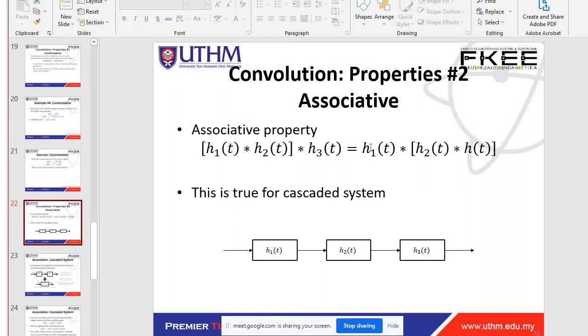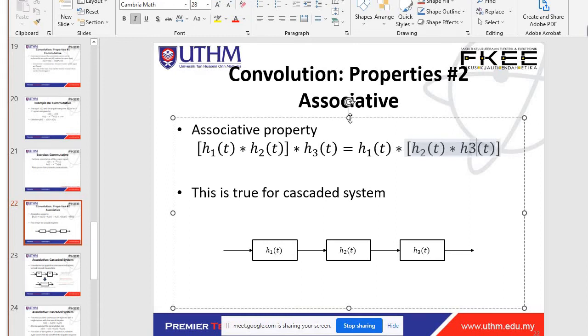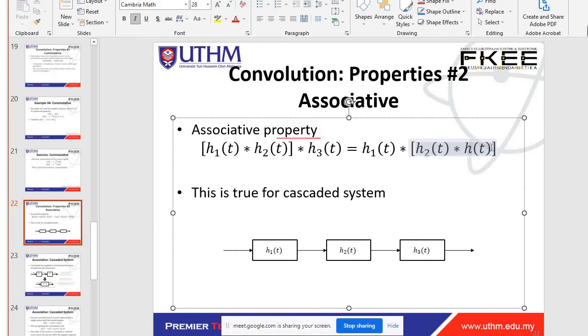So this is also the same as h1(t) convolute with, in the bracket, h2 convolute with h3(t). There's a missing h3 here. It's not like this. Okay, there's an h3(t).